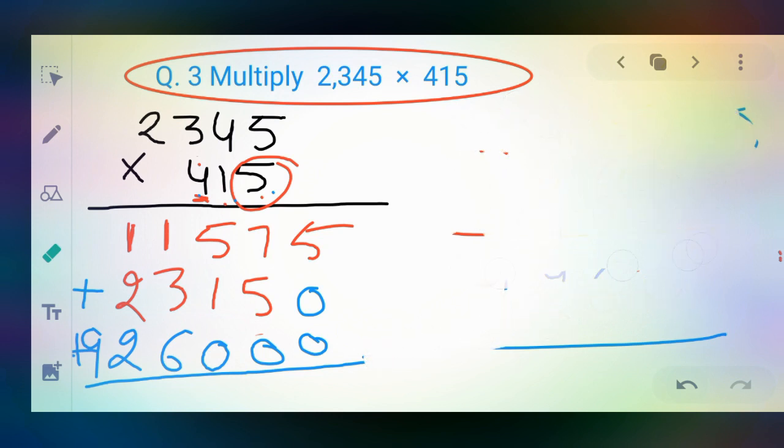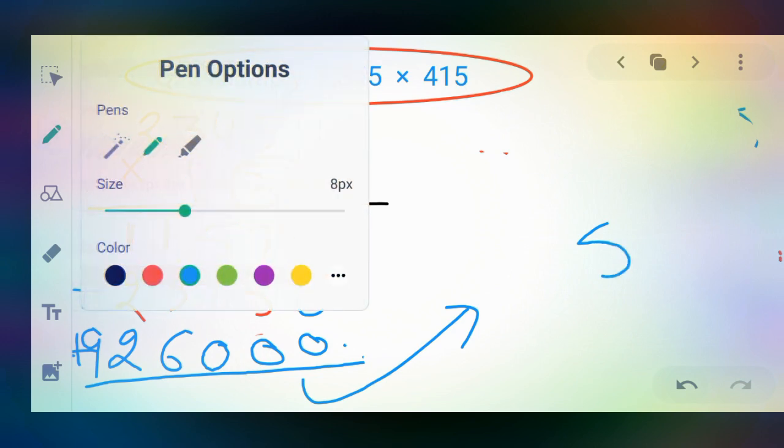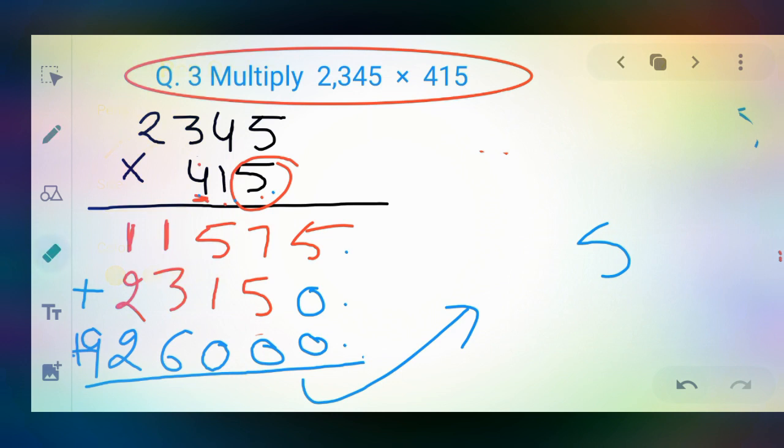So this answer I will write here because there is no space. So 0 0 0 and 5. So 0 plus 5, what you get? You get here 5. Okay, so after adding this you get 5.